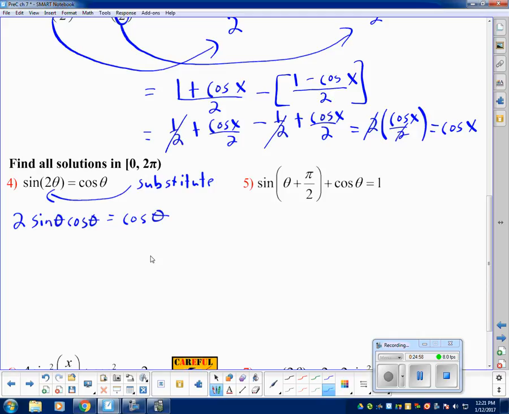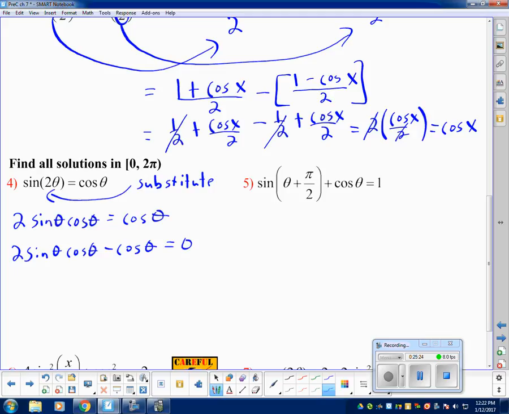Actually, I think all these fall into the same category. They're all solving by factoring. You've done this before. That's why you spent your entire algebra math career since 8th grade factoring.